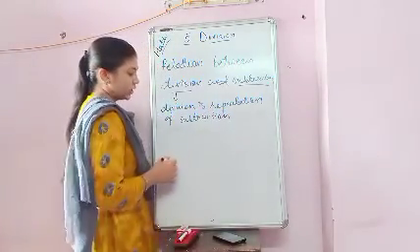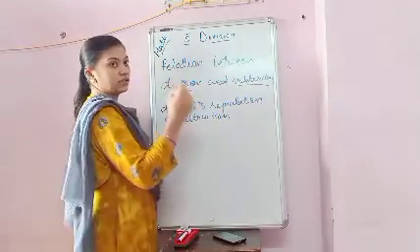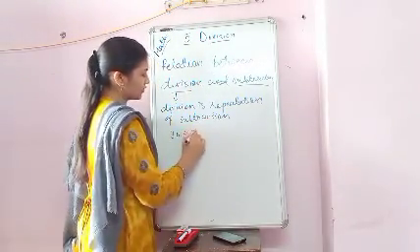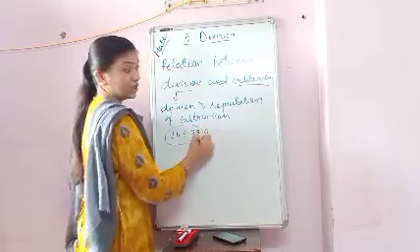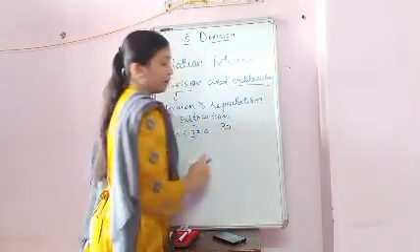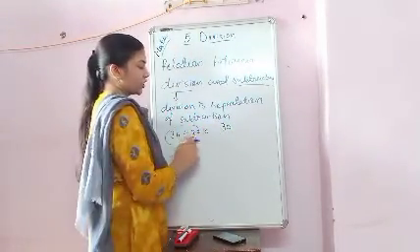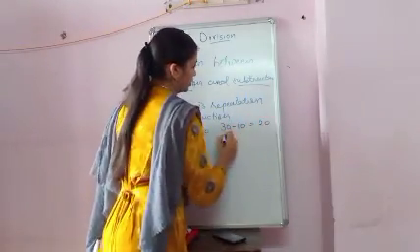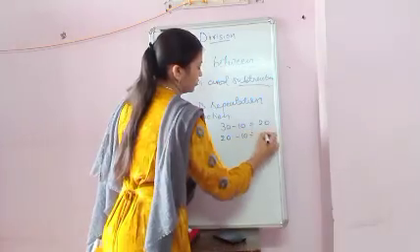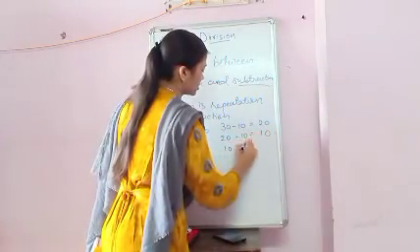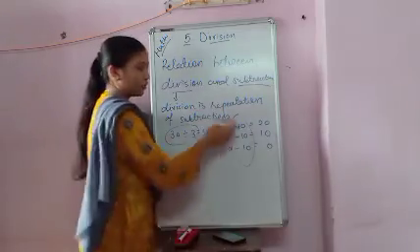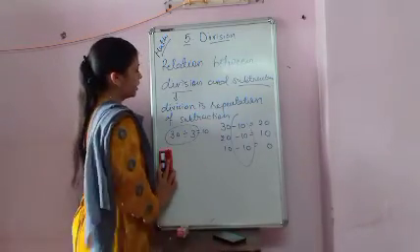For example, if you want to divide the 30 students into 3 parts, 30 divided by 3 equals 10, meaning you have to subtract 10 from 30 three times. 30 minus 10 is 20, 20 minus 10 is 10, 10 minus 10 is 0. Means 3 times you subtract the 10. Then you got the right answer.